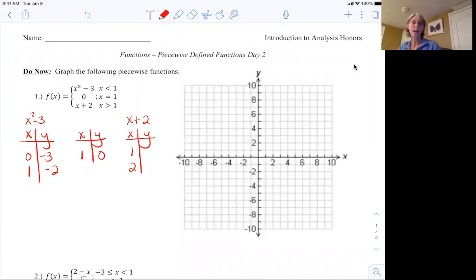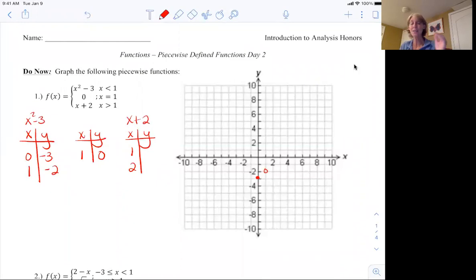So if I go to graph this piece, remember this is when x is less than 1, 0 is at negative 3. And when x is 1, my y value is negative 2, and it's an open circle. Now this is a little weird, so we're not quite sure what to do.